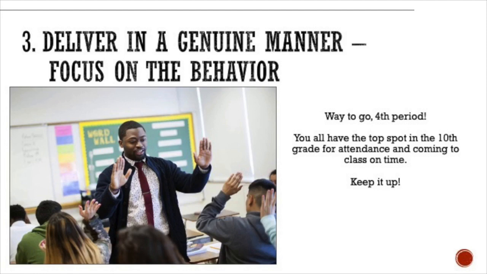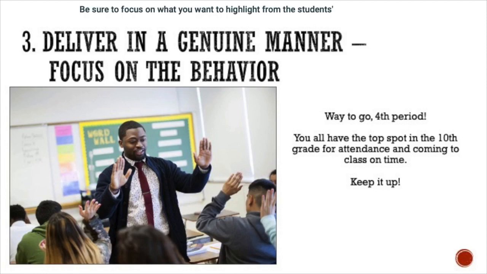Be sure to focus on what you want to highlight from the students' actions and clearly name the behavior. Use a pleasant, friendly, natural voice. Be yourself, but your happy, encouraging self. A caution. Be sure you're giving feedback in a genuine manner. Be real.